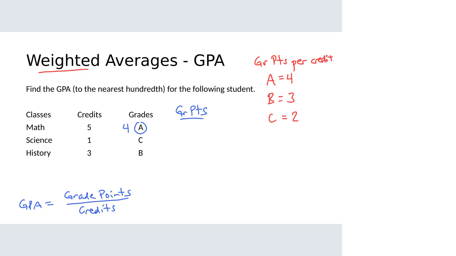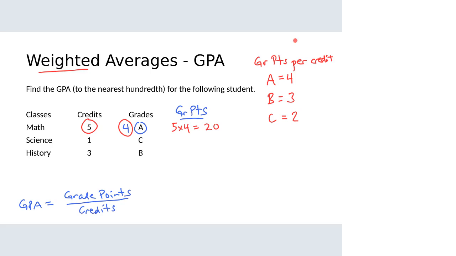So 5 credits, 4 grade points per credit. So 5 credits times 4 grade points per credit. They earn 20 grade points for that 5-credit math class. This is the same idea we're going to use for science and history.